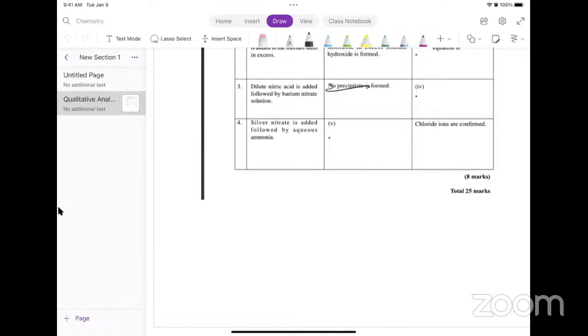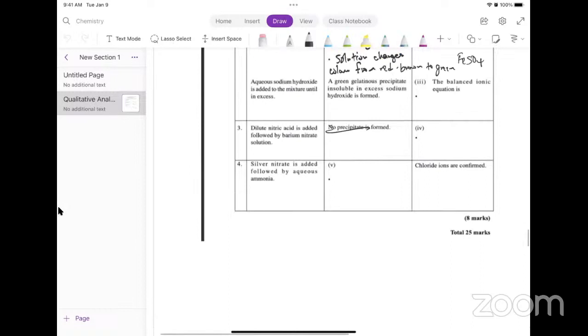I can start ruling out other ones. So for carbonate, we have a precipitate being formed. For sulfite, we have a precipitate being formed. For sulfate, we have a white precipitate being formed. So no precipitate is formed, right?